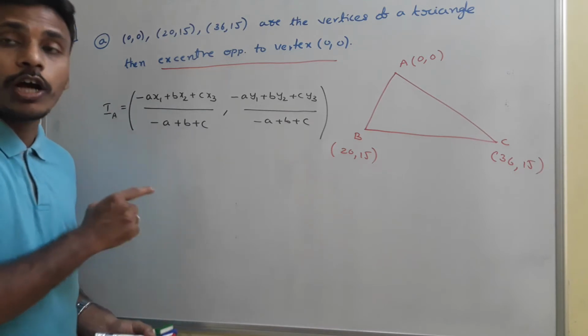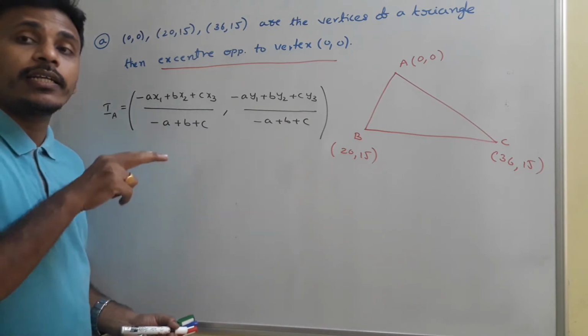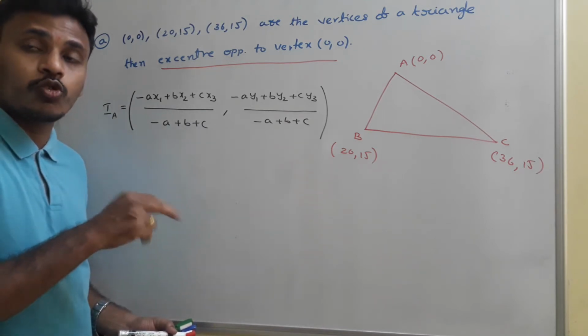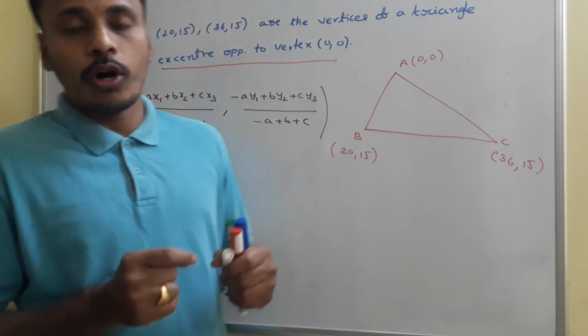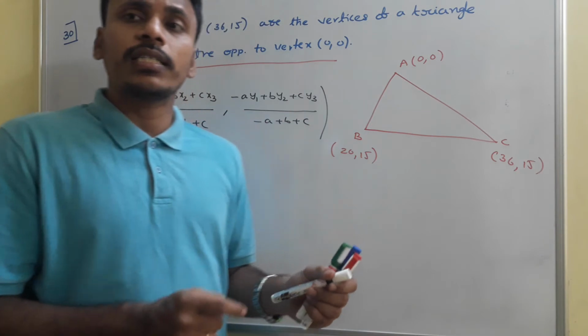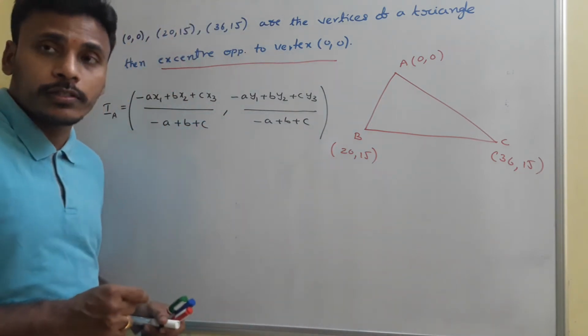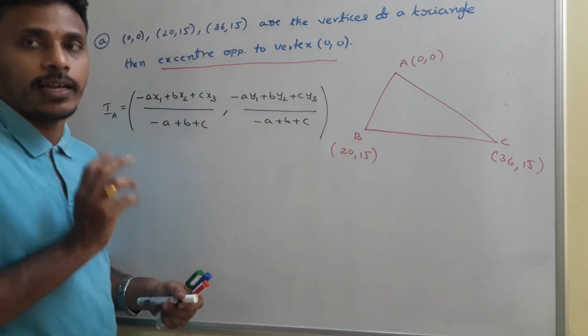But to use that formula, what do we need? We need the vertices x1, y1, x2, y2, x3, y3 along with a, b, c, small a, small b, small c. What are those? They are the sides of the triangle.